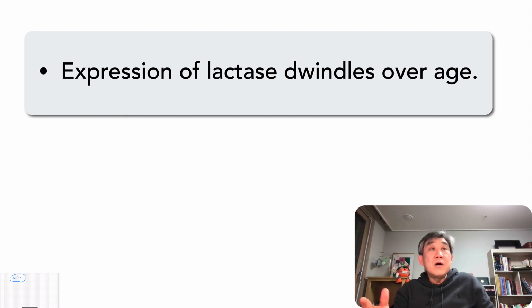That means you can no longer digest any dairy product, so those people have a problem whenever they consume dairy, with a buildup of uncomfortable gas.